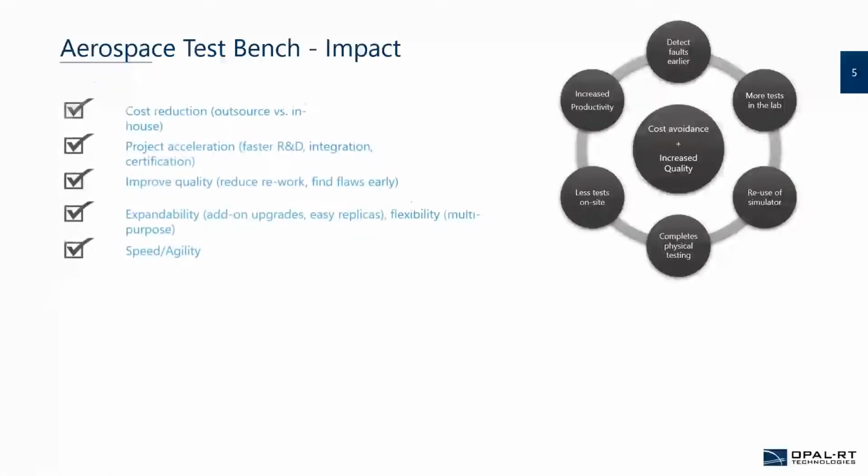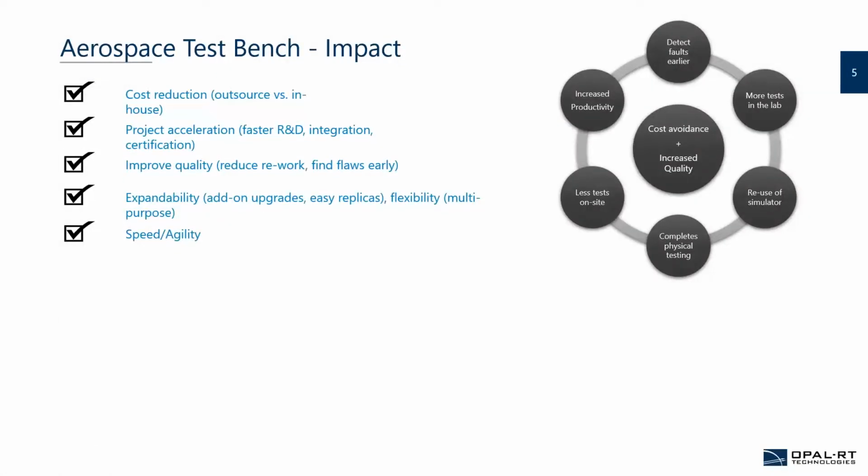So after saving a lot of costs, the impact of a test bench is really to accelerate the design phase between the R&D and going to production and certification. This is a mandatory phase: using a test bench to do certification on an ECU and a UUT in the aerospace industry. The goal is also to improve quality for sure.